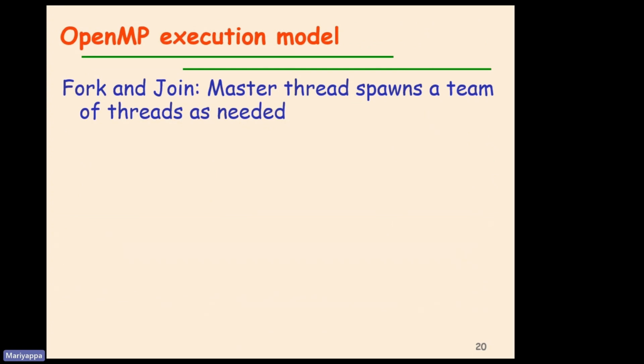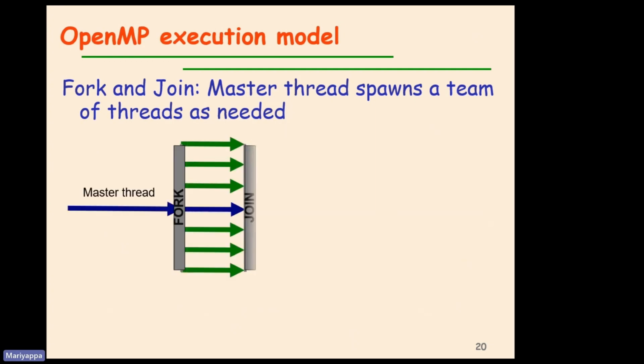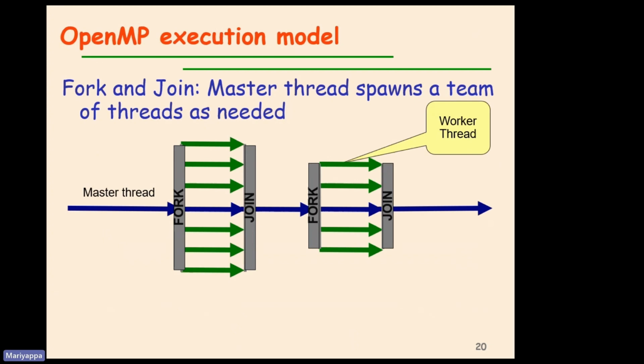OpenMP is essentially a fork-join model, something similar to what we call the task decomposition model. But it also supports domain decomposition. I'll tell you how that happens. When you execute an OpenMP program, it starts with a master thread.